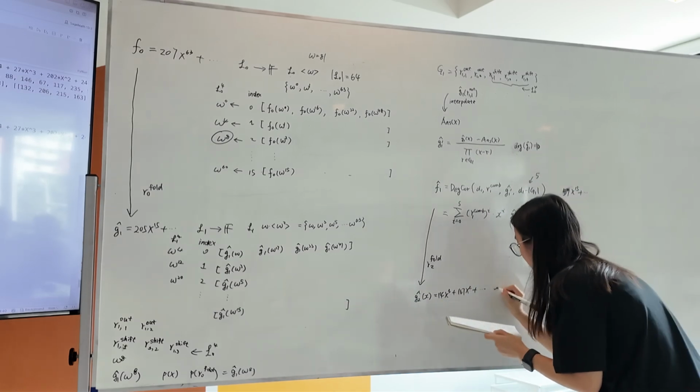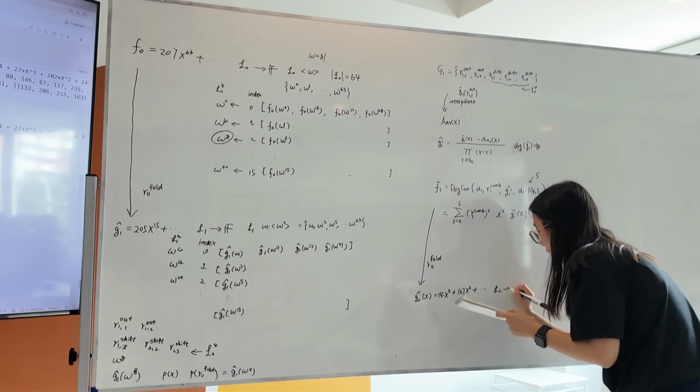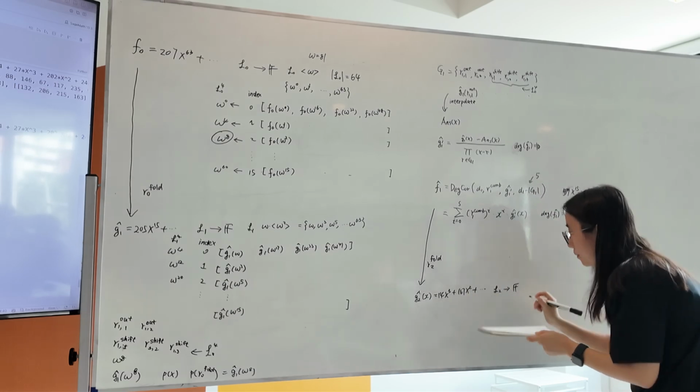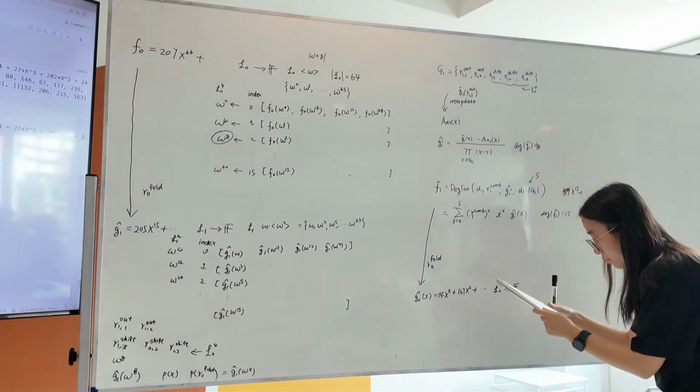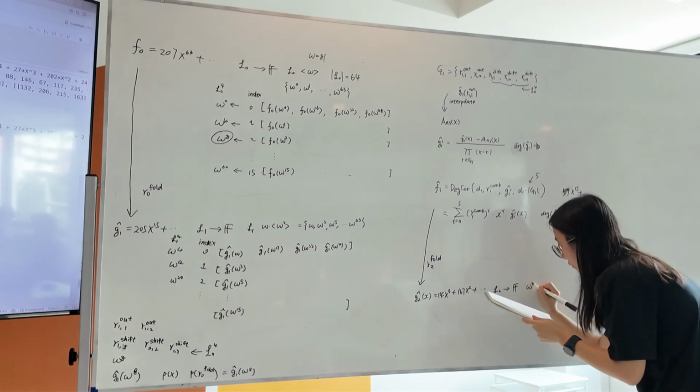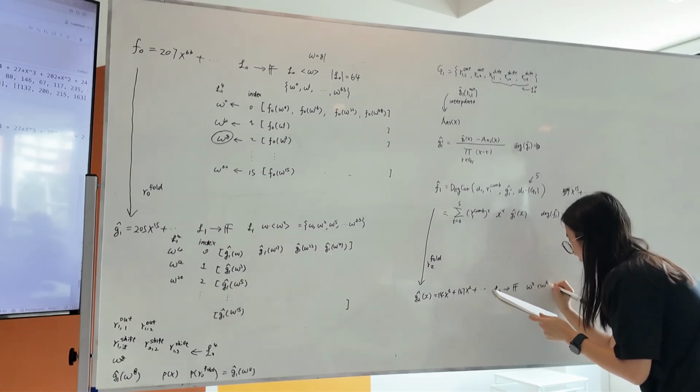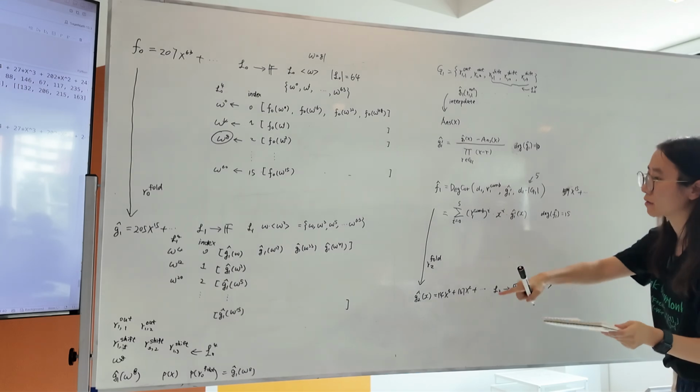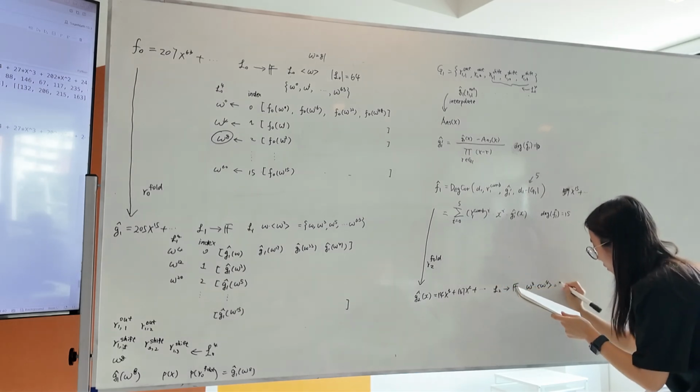Okay, it is from L2 to F, and we will evaluate it on L2. L2 is omega 3 times omega 4. It is a half of L1.